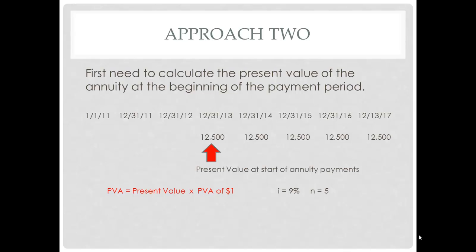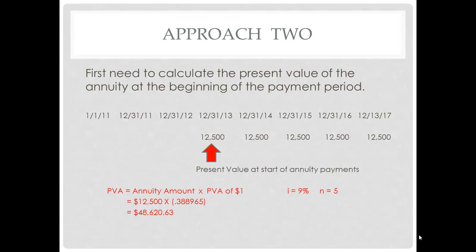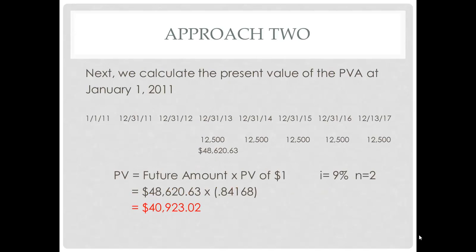The payment is $12,500 on December 31st of 2013. It will be 12,500 times 0.388965, and that will give us $48,620.63.